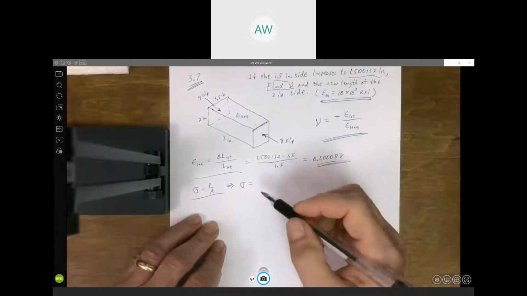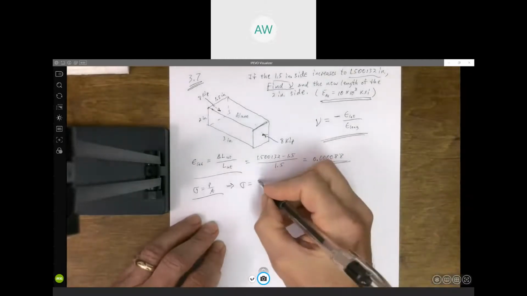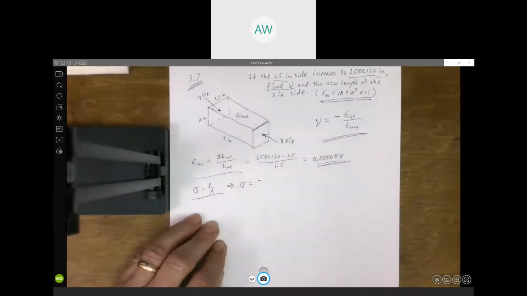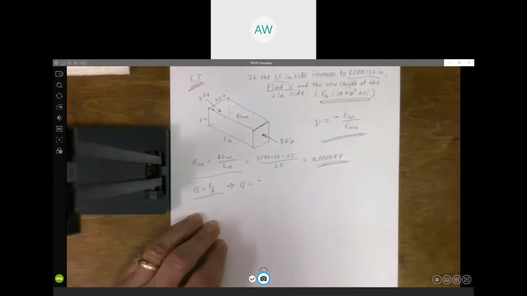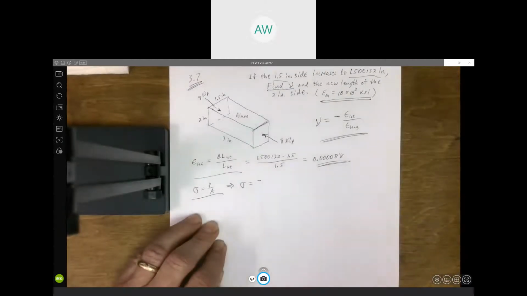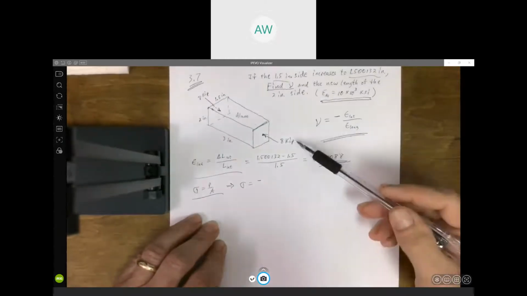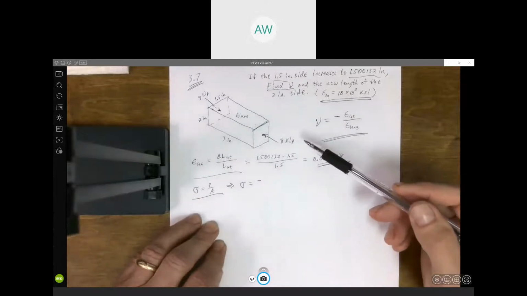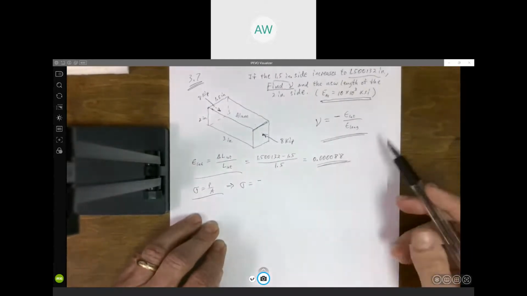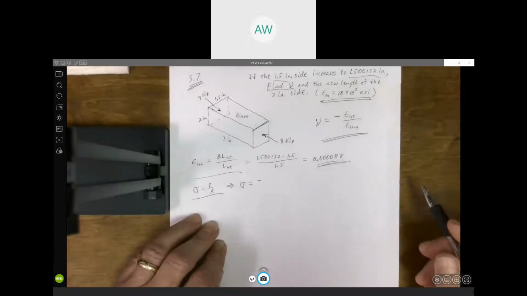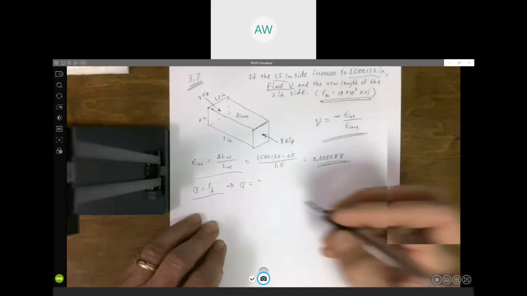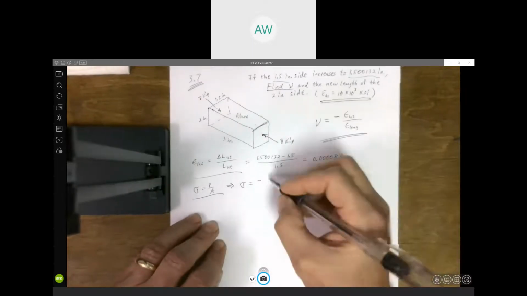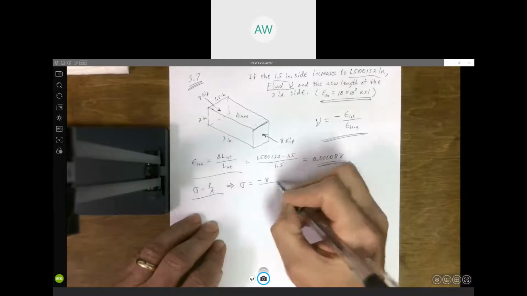Excuse me, it's compressive. So I'm going to use the sign convention, positive tension, negative compression. And again, up to you if you want this to be in PSI or KSI, whether you leave the force in kips or convert it to pounds. It really, I suppose, doesn't matter a whole lot. We'll leave it in kips. So it'll be -8.